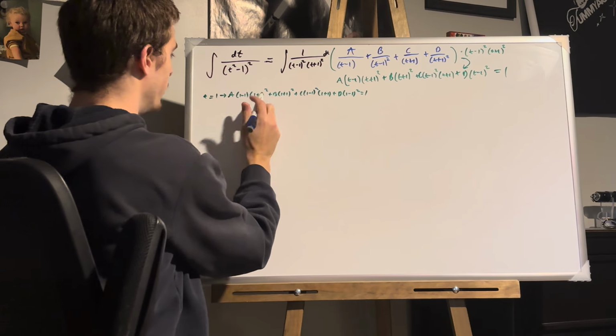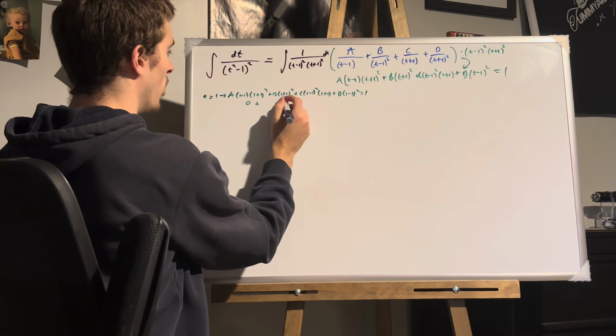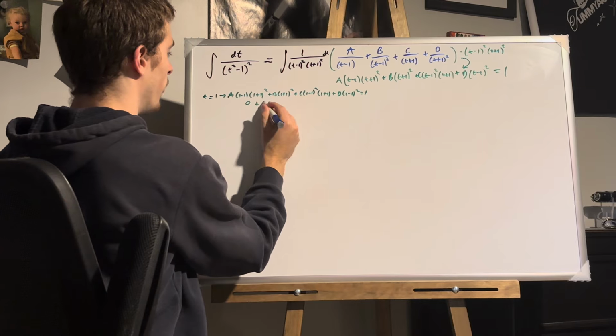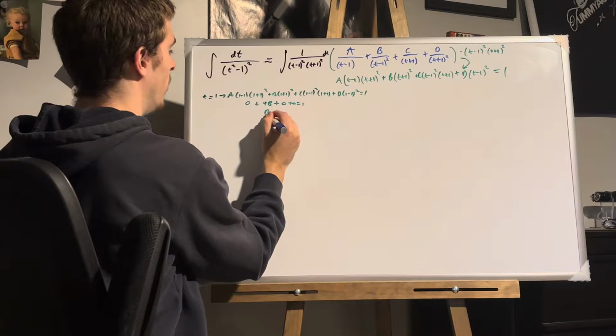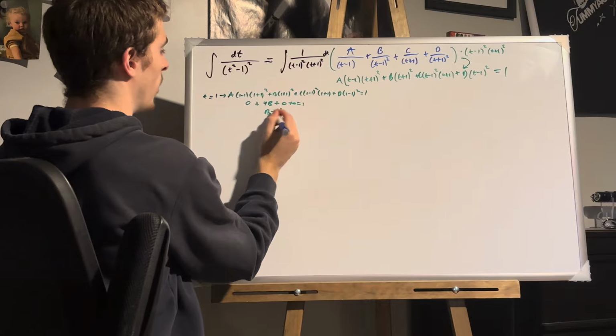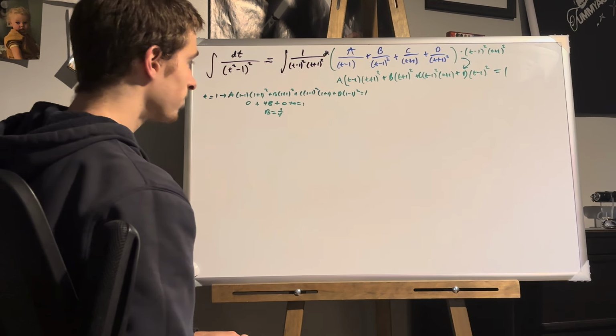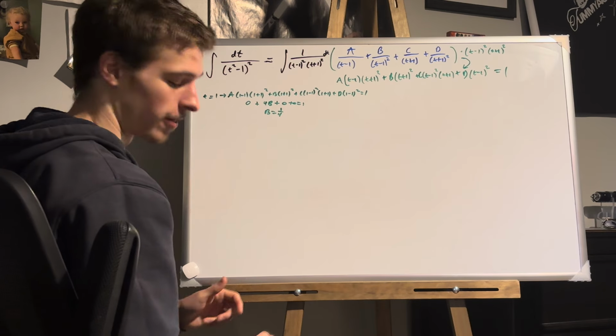Okay? 0 plus 2 squared is 4, 4b plus 0 plus 0 equals 1. b equals 1/4, divided by 4, divided by 4. We know that b is equal to 1/4.